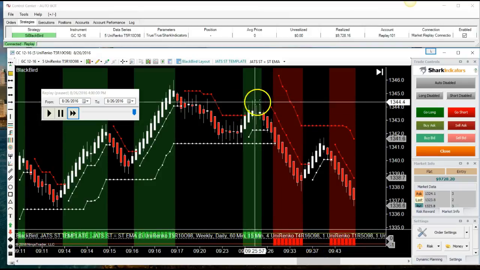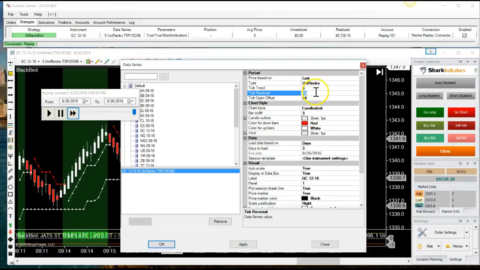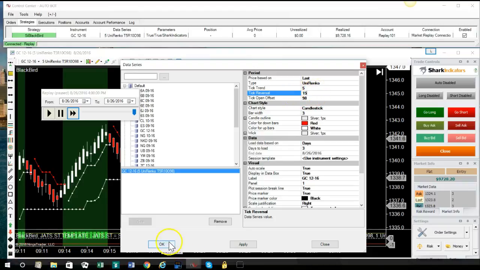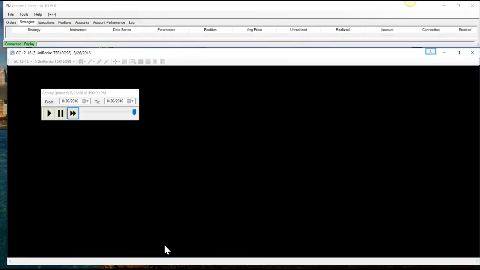So like right here, there was a little breakout fake out. I could probably widen this more to a 515. And let's see if that would have been better.